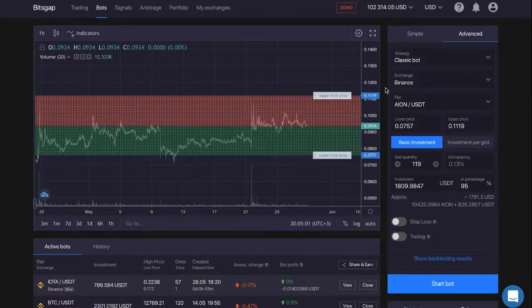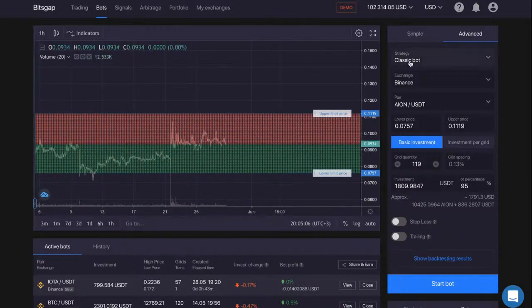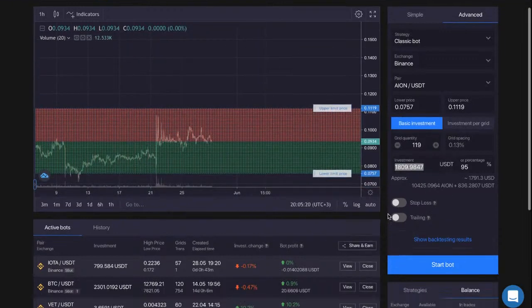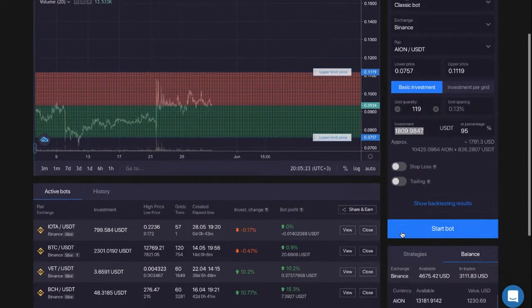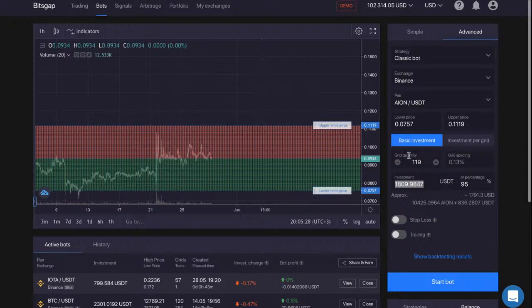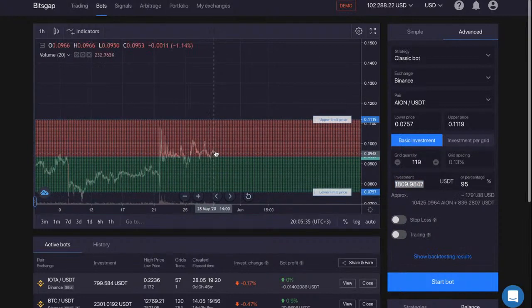So here what you have to understand is that when the price is going upwards and you are using the classic bot, it can use extra money, like it goes beyond the investment which you allocated to this bot, and if the price keeps appreciating, then the extra amount of money taken from your balance would increase your total investment value, and that means that you would make more profits.